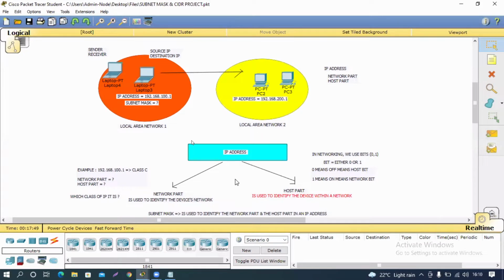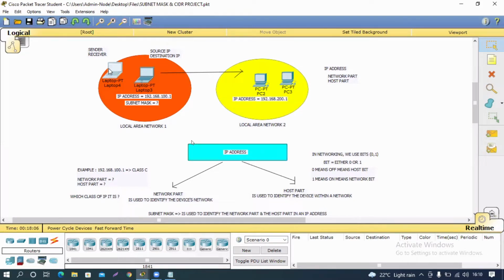So all this network and host exists in an IP address, meaning it is there in this address, but it is hidden. You cannot see that. Without anything, we cannot find out these two parts in that IP address.